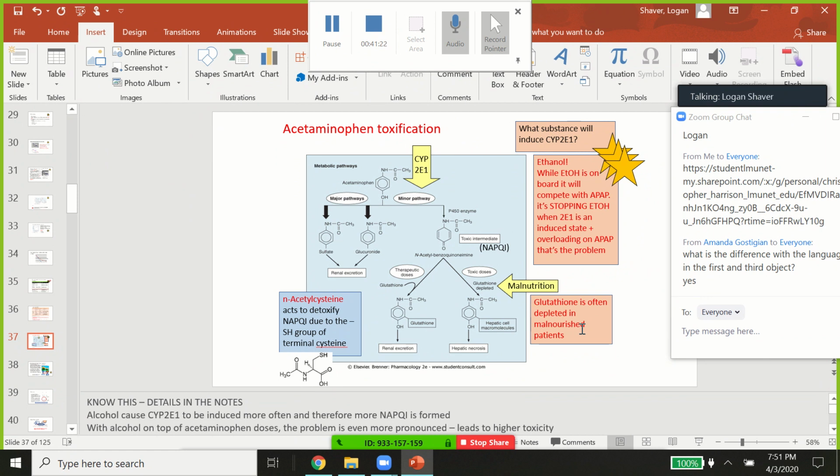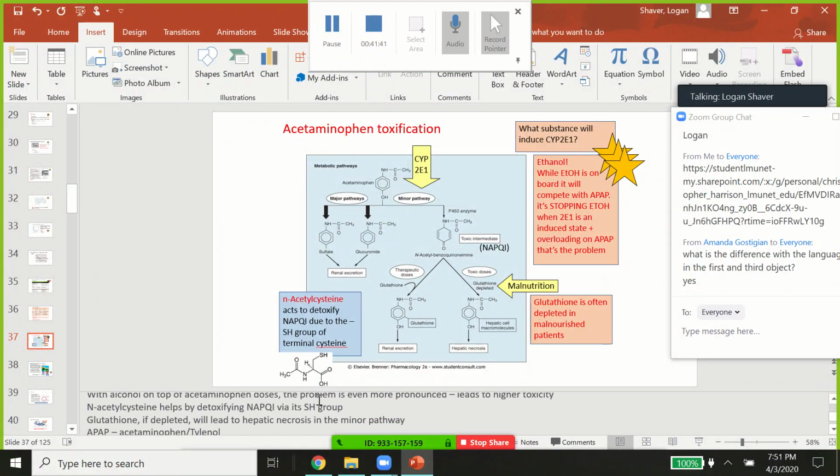And then N-acetylcysteine, this little blue box over here. What this actually does is it's a drug that you can use to stop this process a little bit. It detoxifies NAPQI, and it does that via its SH group here.